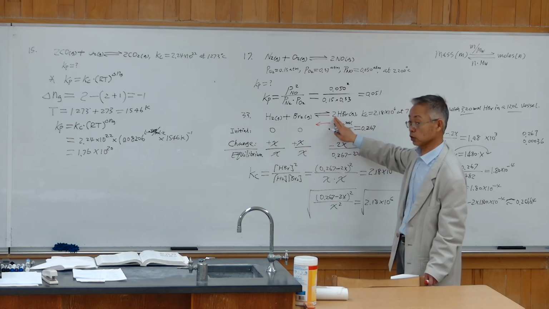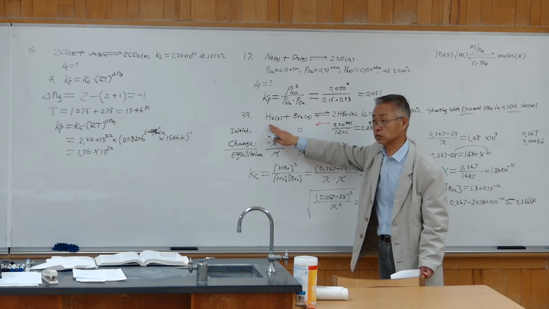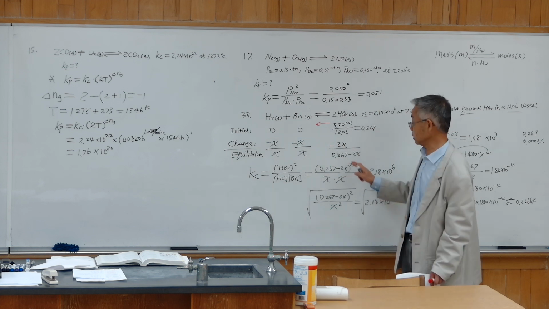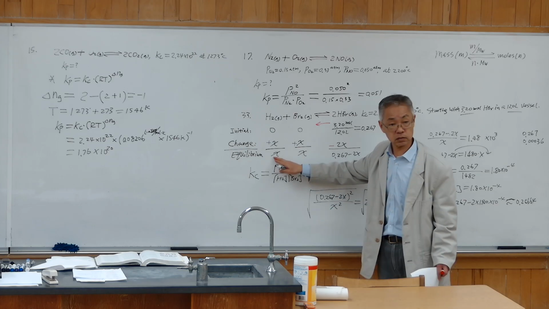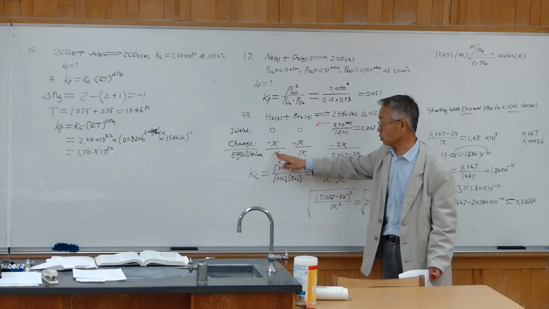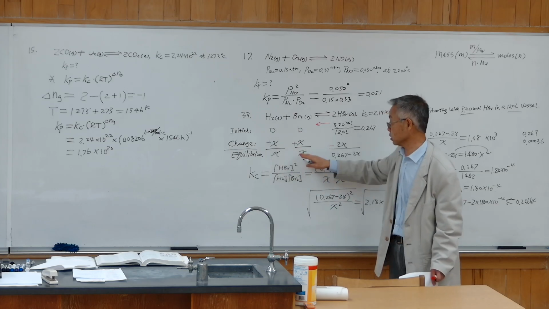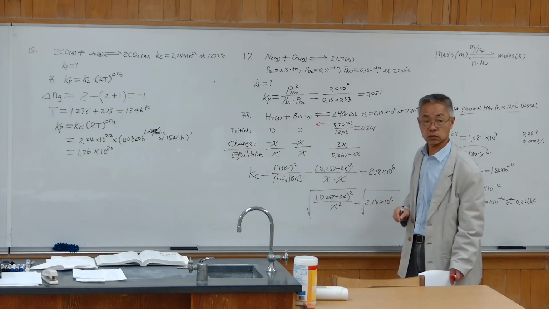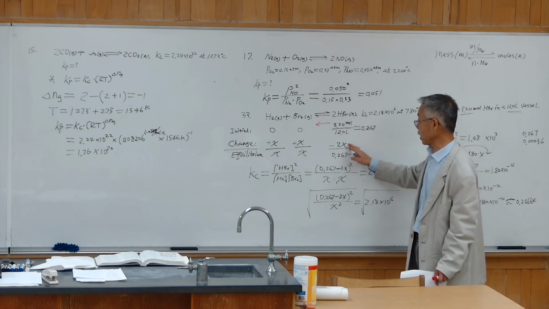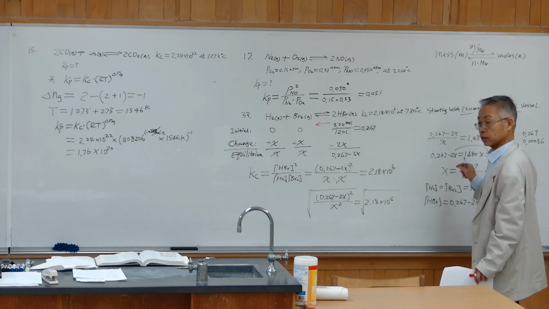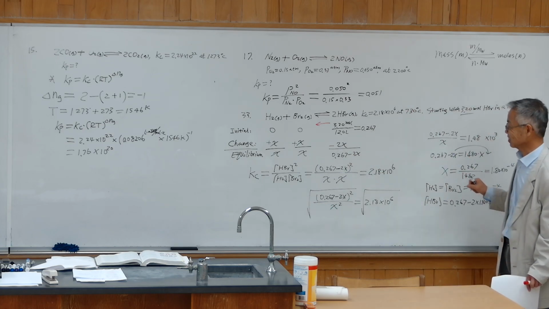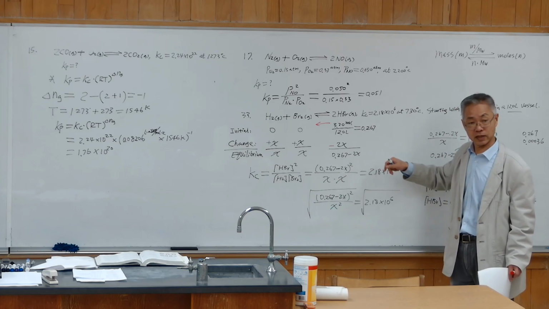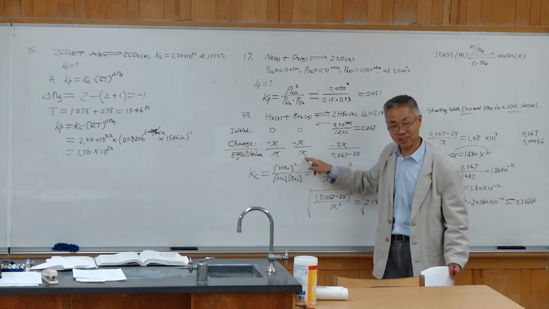If you prefer to set HBr reacted as x, then these two will be half x, because every 2 HBr only produces 1 H2 and 1 Br2. Either way, you set this x, this becomes half x or 0.5x. Or I prefer to set this to x, then HBr is 2x. Either way, once you set this x, you solve the equation. Then HBr will be 0.267 minus x, and these two will be half x.